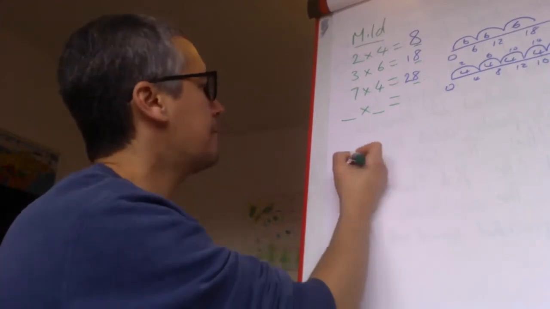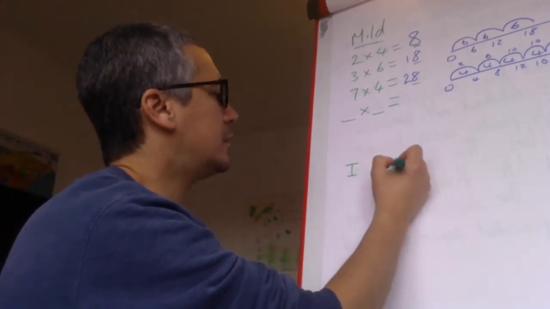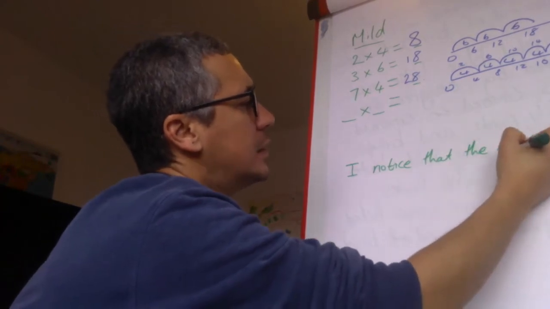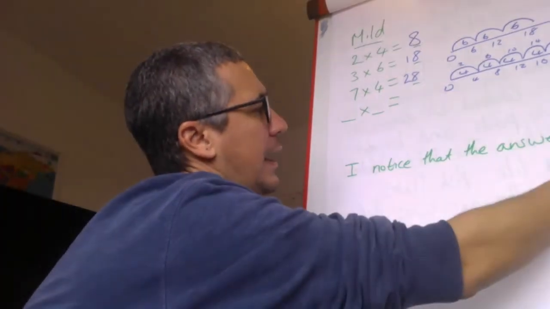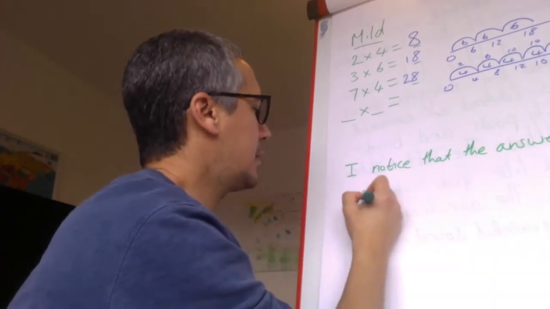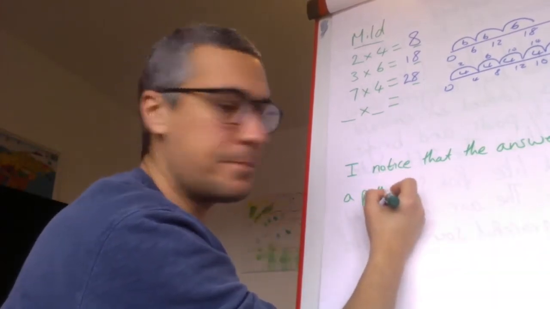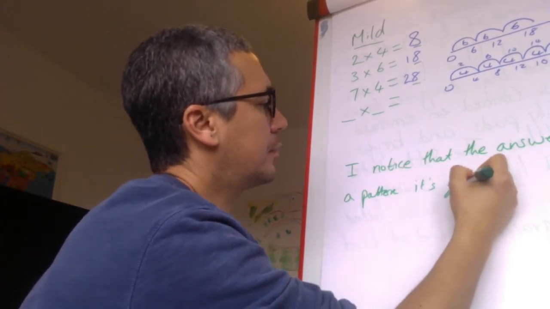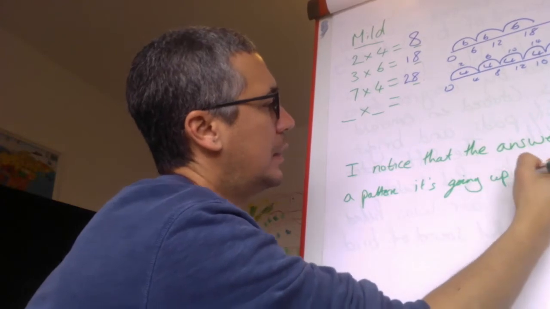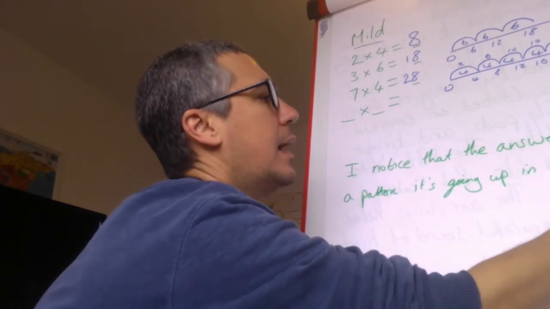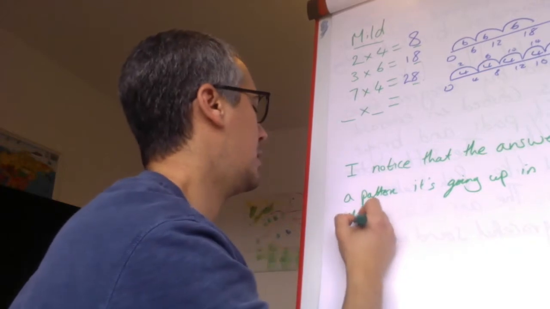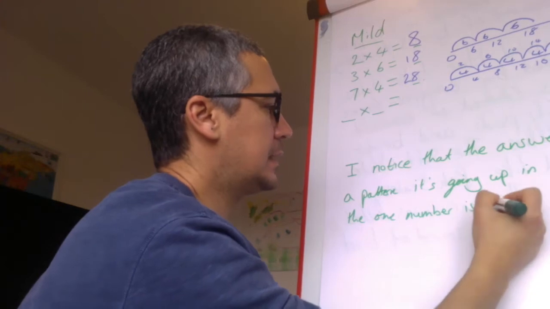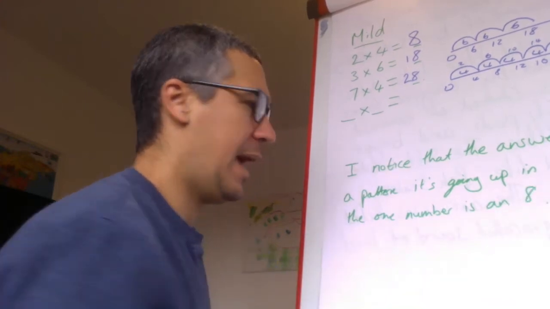So your answer would be, I notice that the answers have a pattern, right? It's going up in tens, and the ones number is an 8.